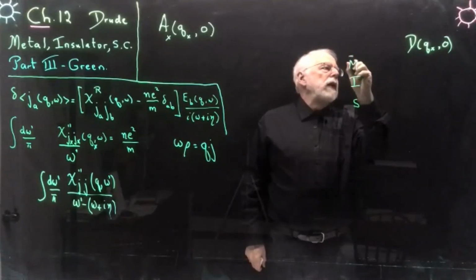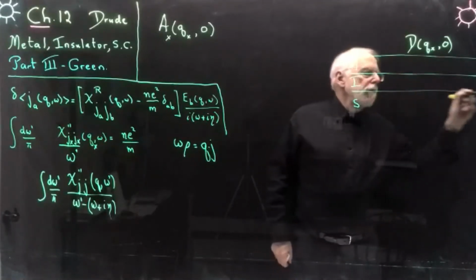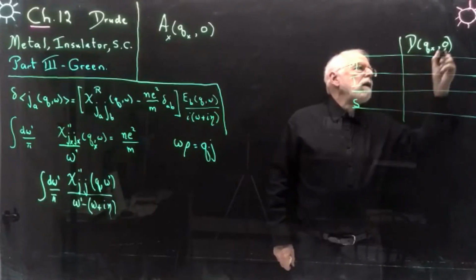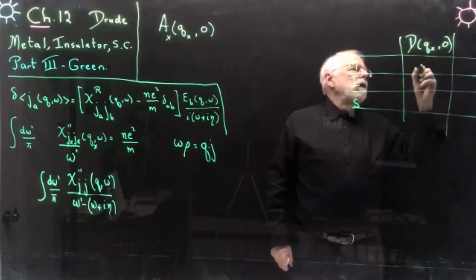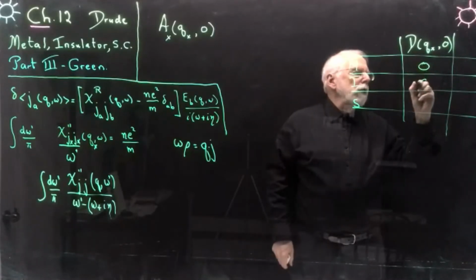So I'll make a little table here. Whether it's metal, insulator, or superconductor, it should be 0 by gauge invariance.